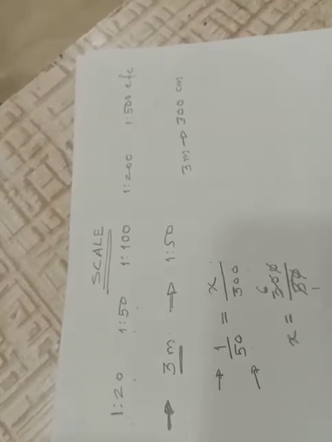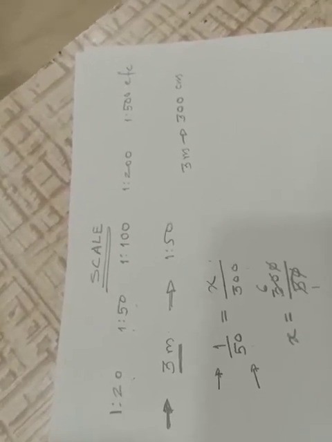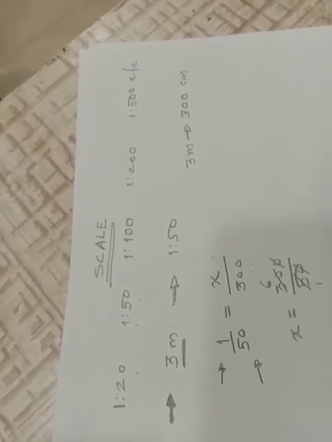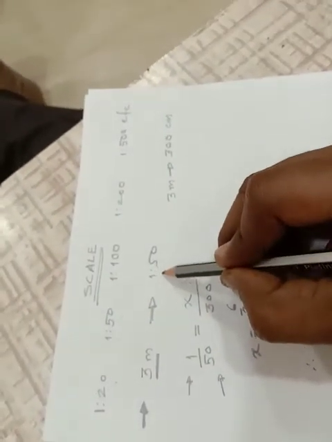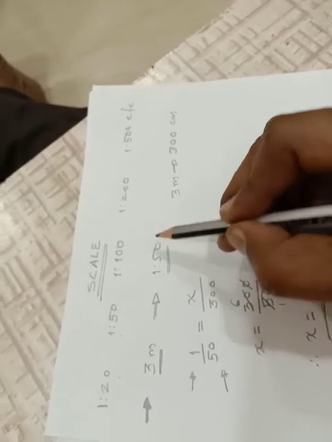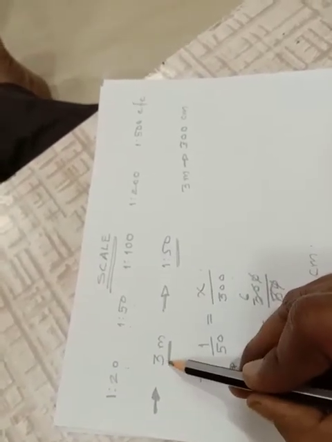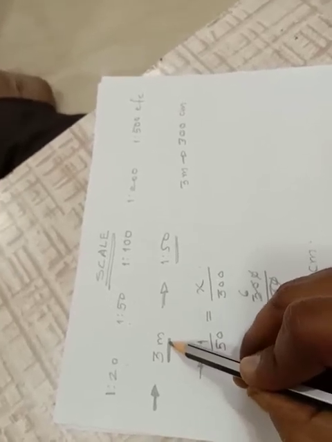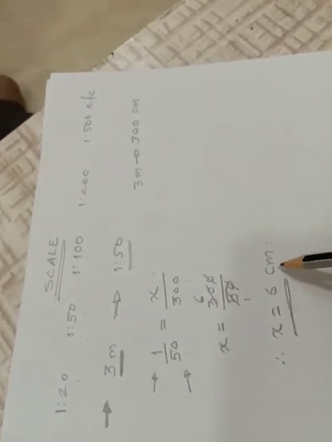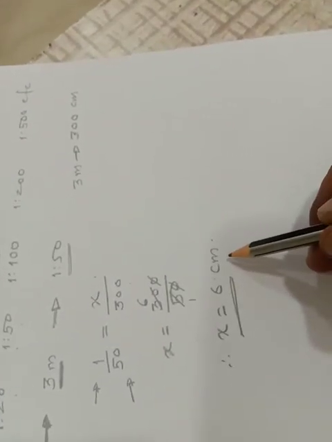Therefore X will be 6 centimeters. What does it mean? By using a scale of 1:50, a 3 meter long line will be drawn as a 6 centimeter long line on the paper, isn't it?